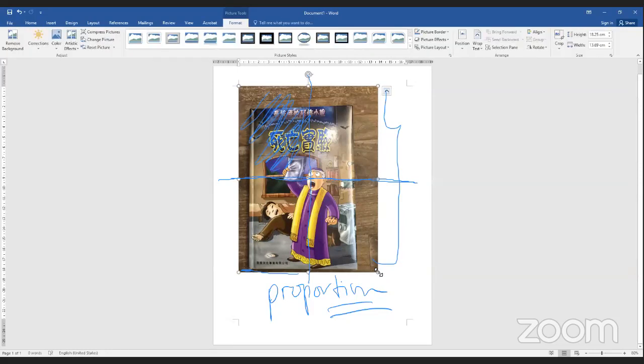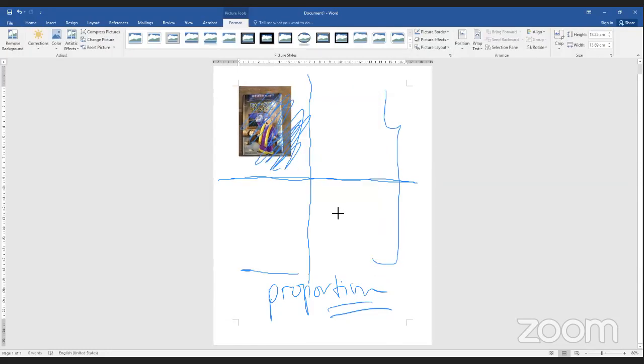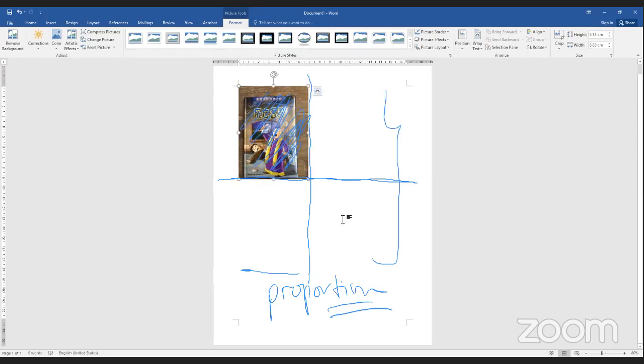Let's see. Can you see that? Almost. If the horizontal distance I cut by 1/2, then the vertical distance I also need to cut by 1/2. It means I need to keep the proportion. We say that we keep the proportion. Every length should be shortened by the same proportion.